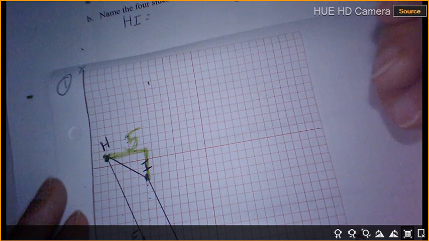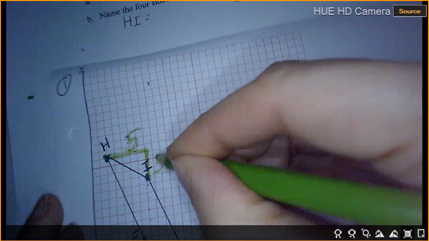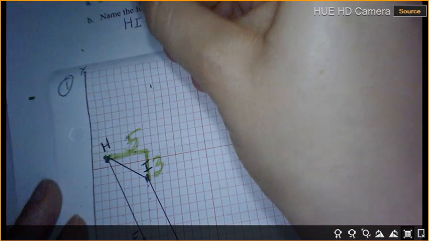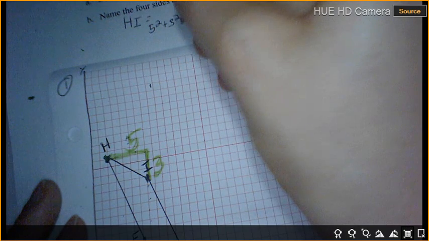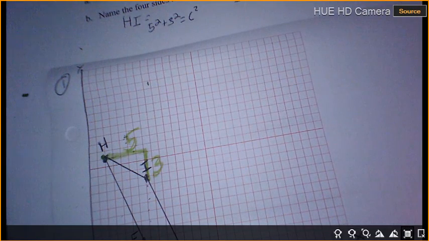Can you guys see that? And then I went down 3. So, if I'm finding H to I, I'm going to go 5 squared plus 3 squared equals C squared. You could call it X, you could call it something else.